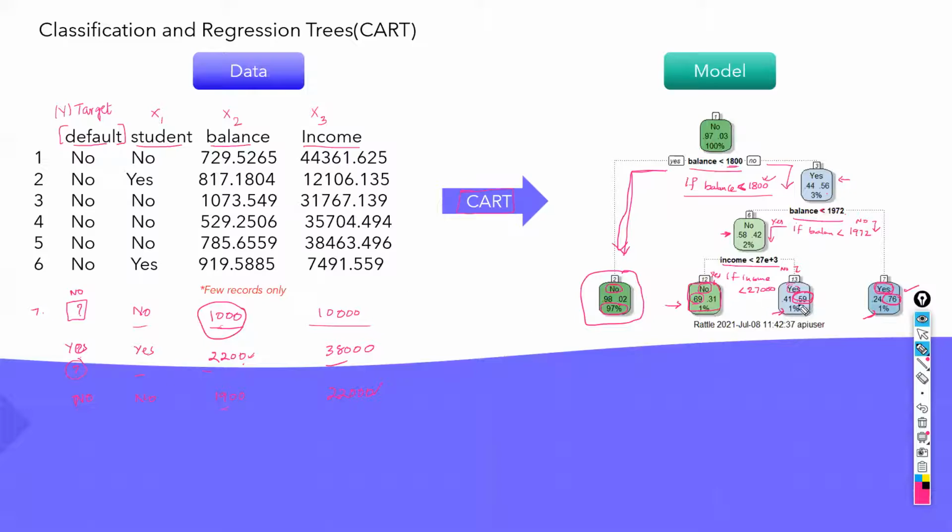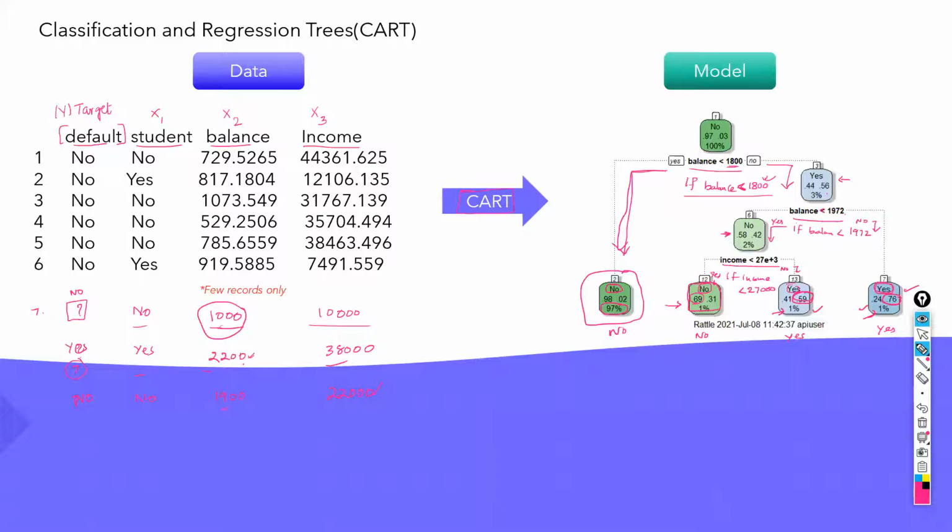So when the observation ends up in these two nodes, our prediction is going to be yes. If our observation ends up in these two nodes, then our prediction is going to be no. That's how this decision tree is used for decision making.